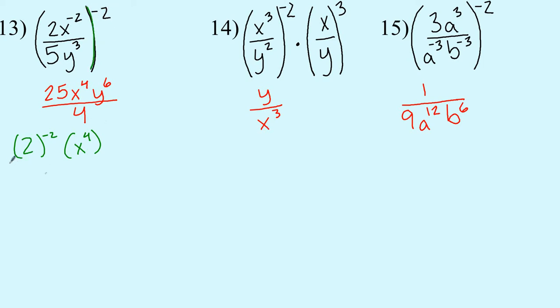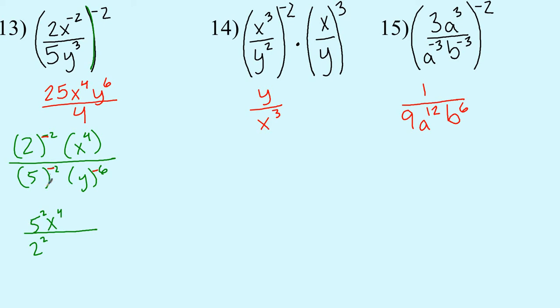Then 5 to the negative 2 and y to the negative 6. Now, I don't like any of the negative exponents, so I'm going to move all of those to the other side. So x to the 4th stays on the top. 2 squared moves to the bottom.